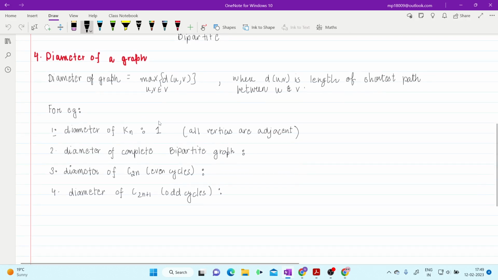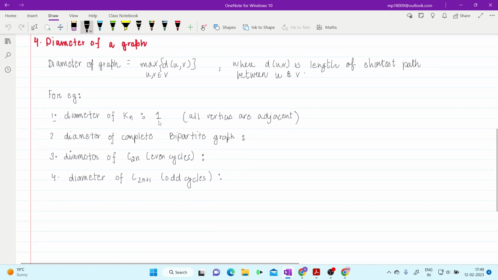So now let's compute the diameter for a few easy cases. The first example is Kn, a complete graph on n vertices. Is it clear why the diameter of Kn will be 1?